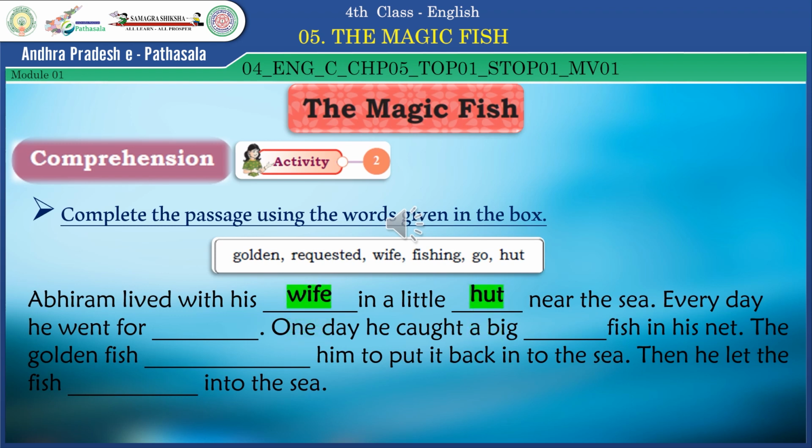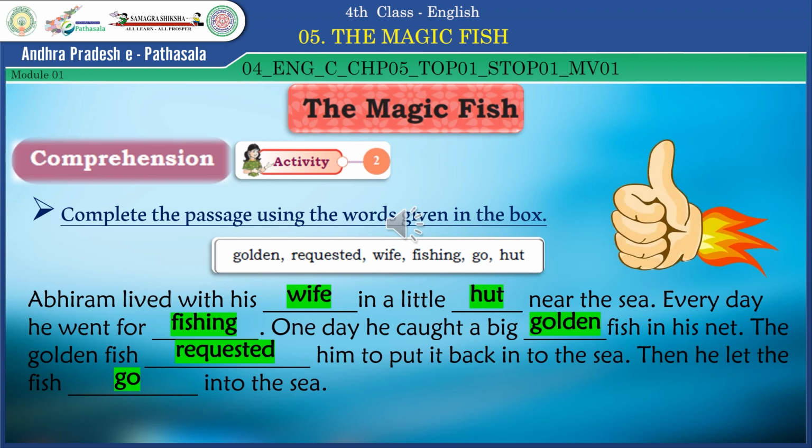Every day he went for fishing. One day he caught a big golden fish in his net. The golden fish requested him to put it back into the sea. Then he let the fish go into the sea. Excellent, children. You did very well.